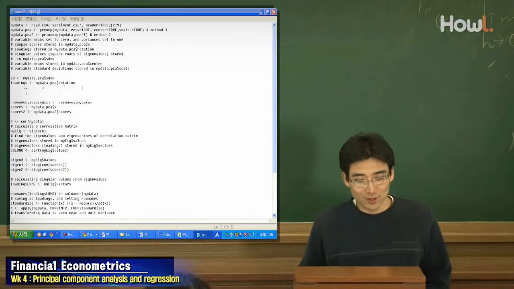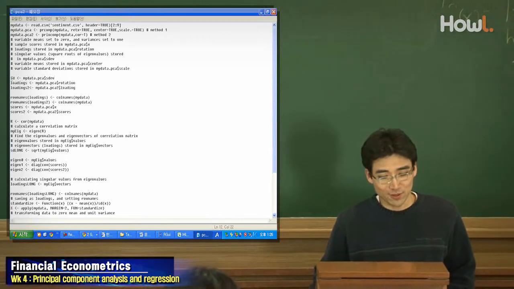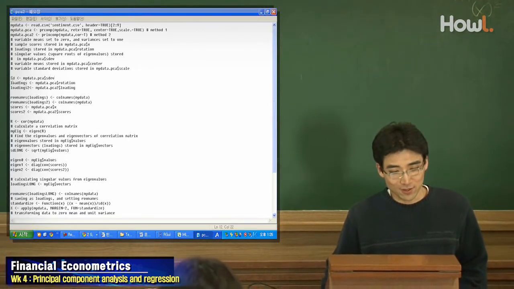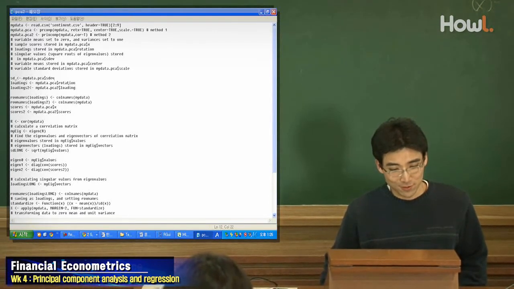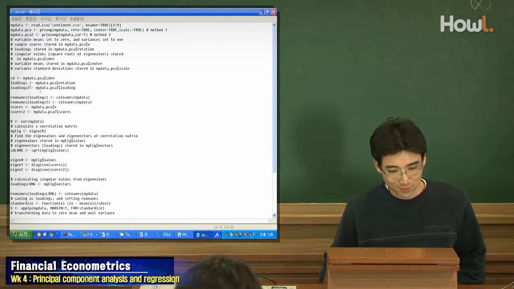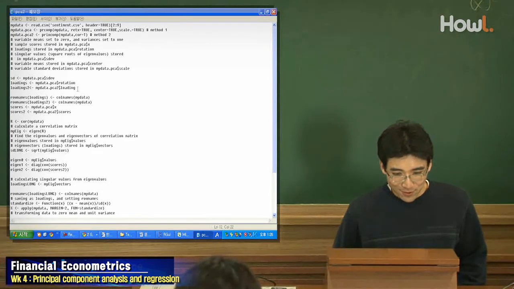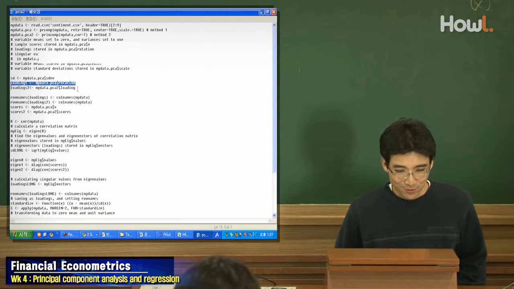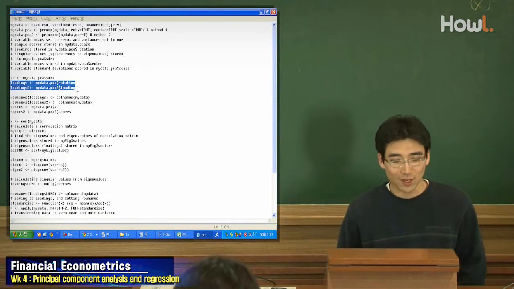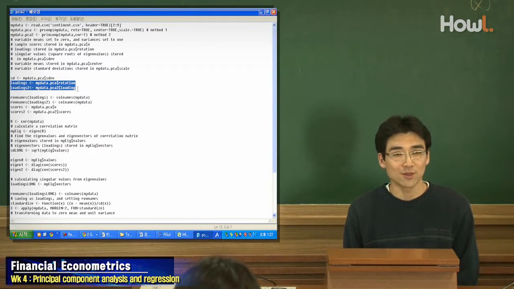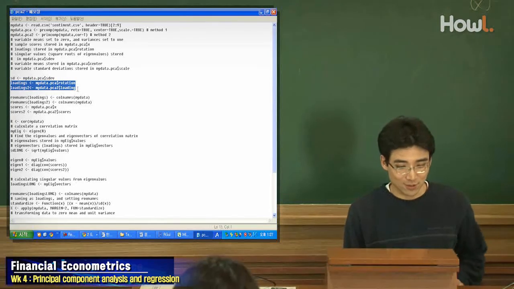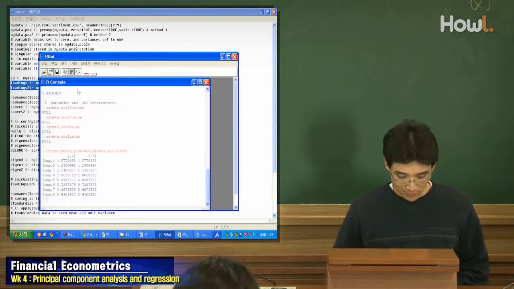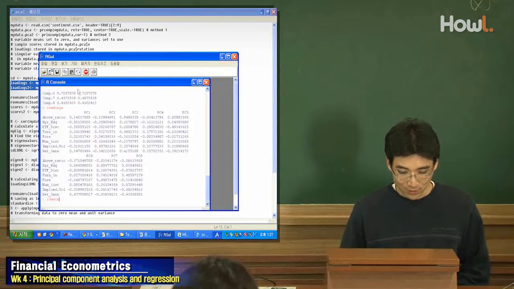So loadings, they are the eigenvectors. Okay, so loadings 2.